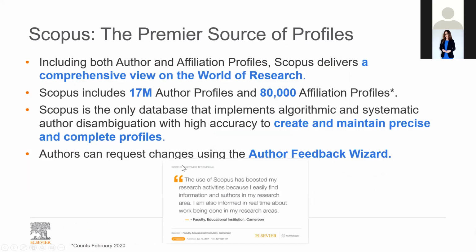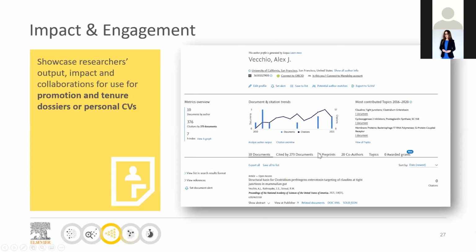Okay, and talking about the profiles, as I said, we have 17 million author profiles and 80,000 affiliation profiles. And here you can check that we have the Author Feedback Wizard. So what does the author profile look like? Well, this is an absolutely new view of the author profile.